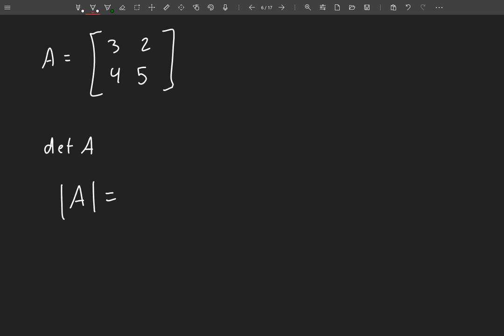So what I'm going to do is I'm going to go up to my matrix, and I'm going to pay attention to this first diagonal. I'm going to multiply these two numbers together. So that's 3 times 5. And then I'm going to subtract the multiplication of these two numbers. So that's 4 times 2. Now, if you do that in one motion, it looks like this. This is the way I remember it.